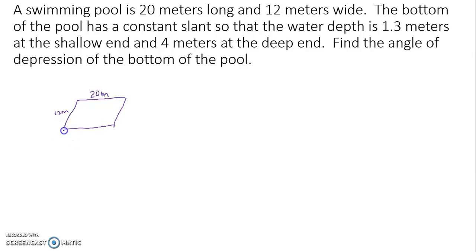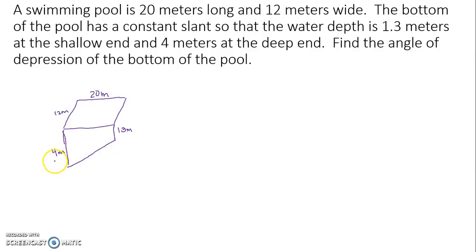So here's my depth of my pool if it was just straightforward, but it's not. One end is deeper than the other. So at the shallow end, since this one's less deep, that depth was 1.3 meters. Then it slants and goes to the deep end, which is 4 meters deep.